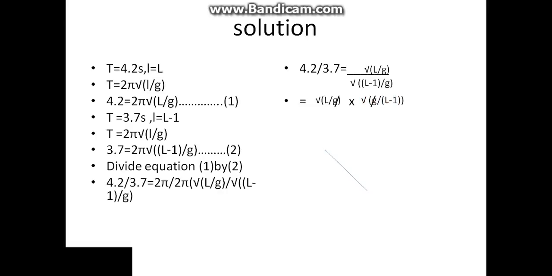We now have square root 4.2 over 3.7 equal to square root of L over square root of L minus 1.